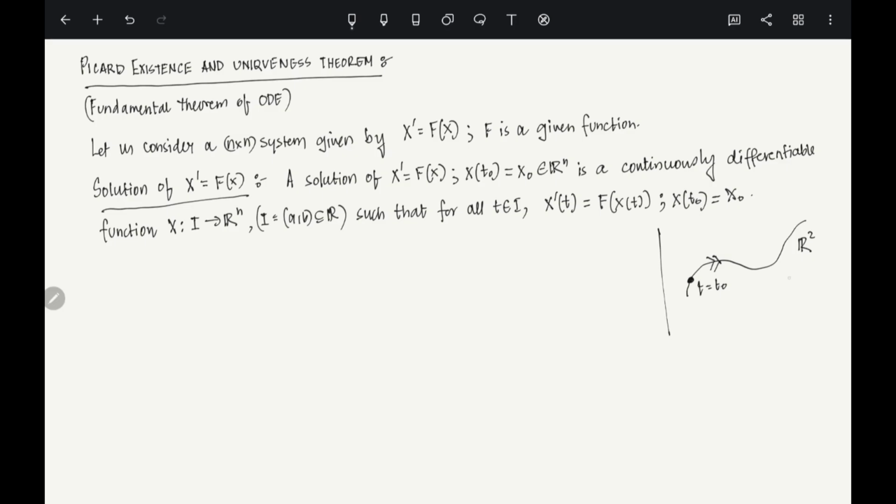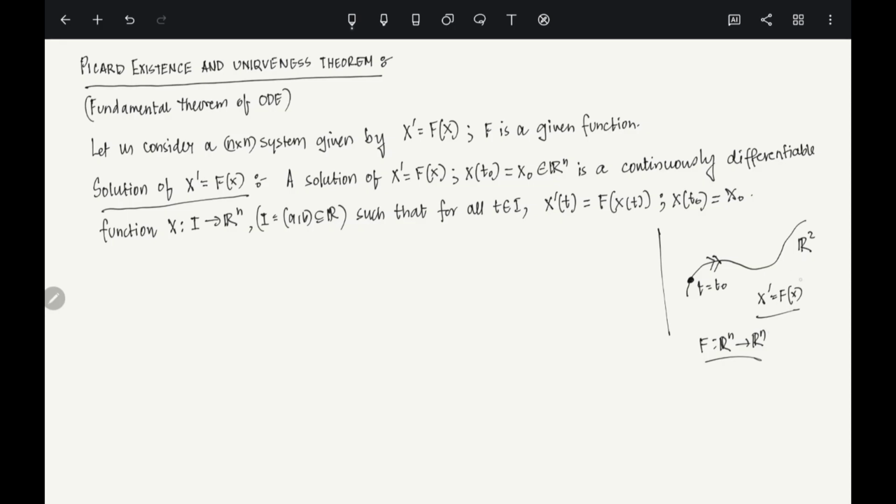Now, x prime equals f of x is actually the rule. f is a vector field from Rn to Rn, and n equals 2 in this case.